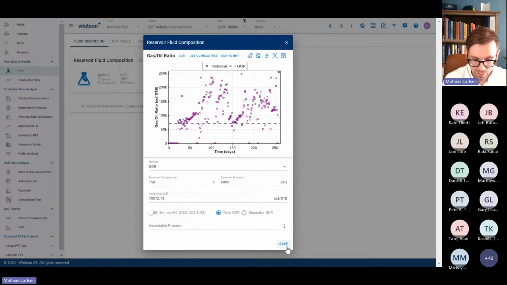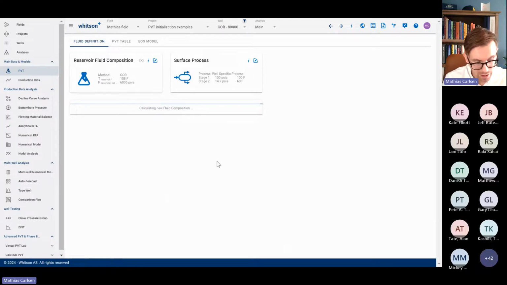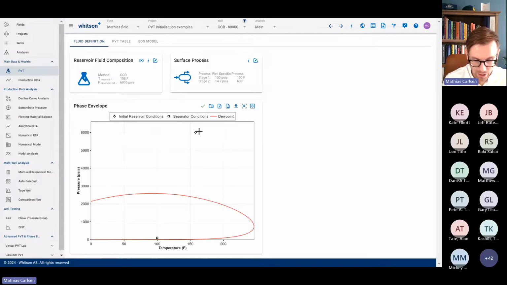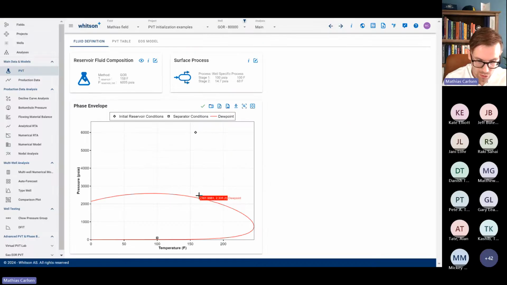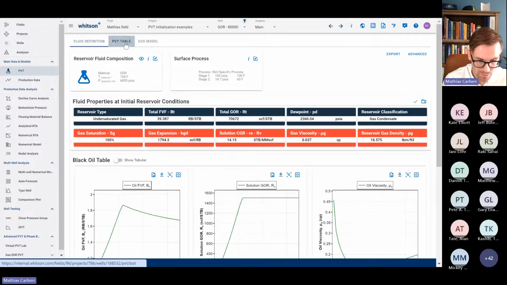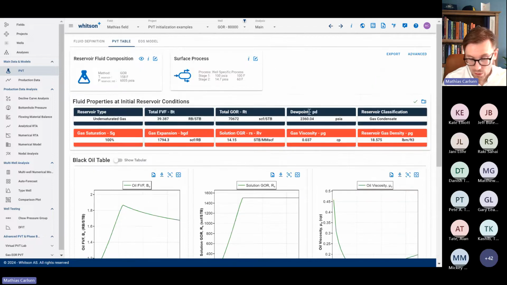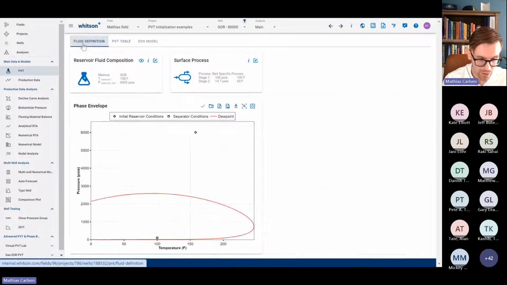If we made this prediction right here with the equation of state, we'll then see, okay, are we actually dealing with a wet gas or a very lean gas condensate? And here, we're just dealing with a very lean gas condensate. We're further down here, so you see that the dew point should be lower and lower and lower. Very low dew point, around 2,000 psi, and that's what we're dealing with right here.